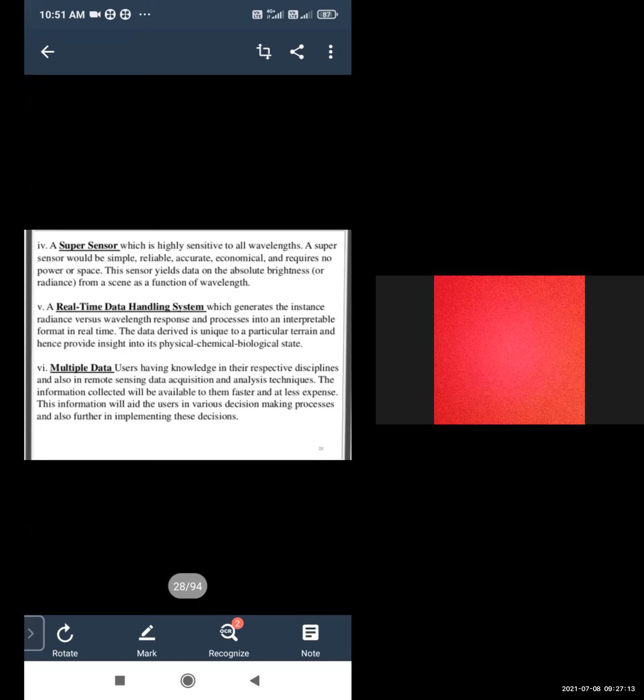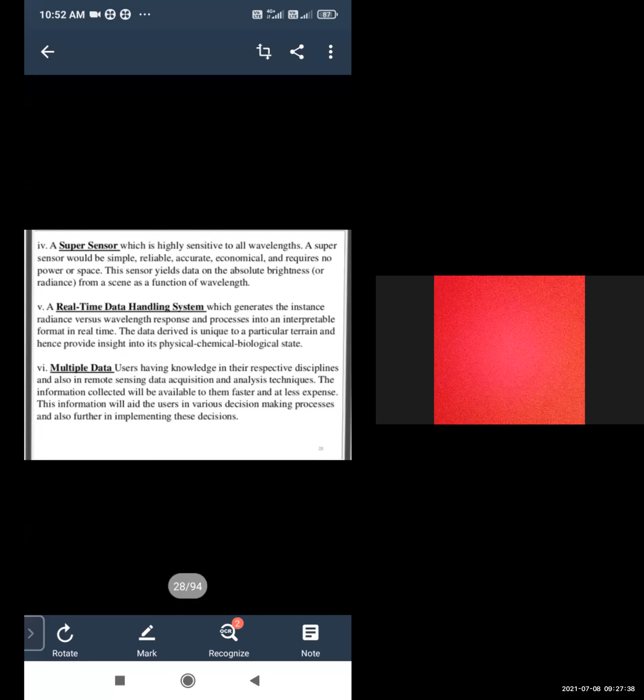A real-time data handling system. What is the real-time data handling system? We generate the instant radiance versus wavelength response and also process it into an interpretable format in real time. The data derived is unique to a particular terrain or object, and hence provides insight into its physical, chemical, and biological state.